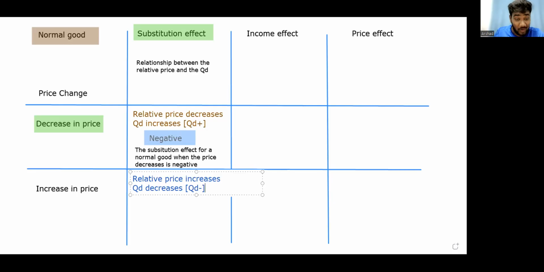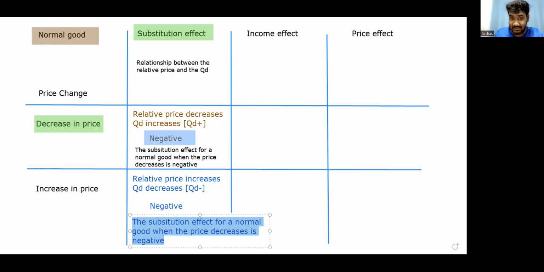What type of relationship is this, relative price increasing, quantity demand decreasing? It's again a negative relation. So how can I interpret this? I can say the substitution effect for a normal good when the price increases is negative.